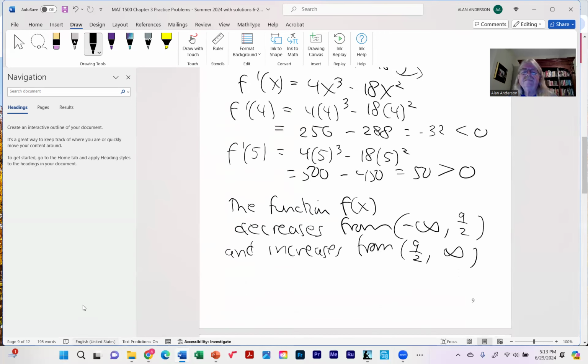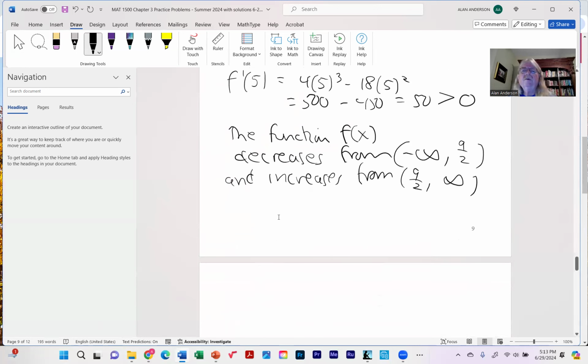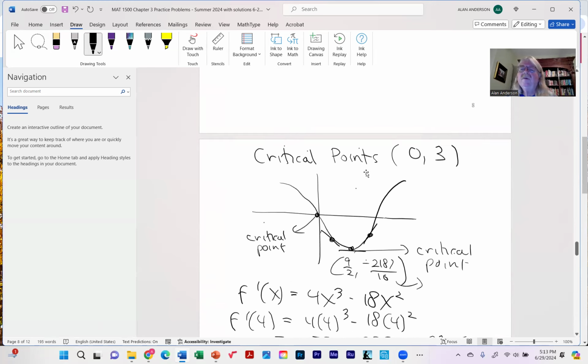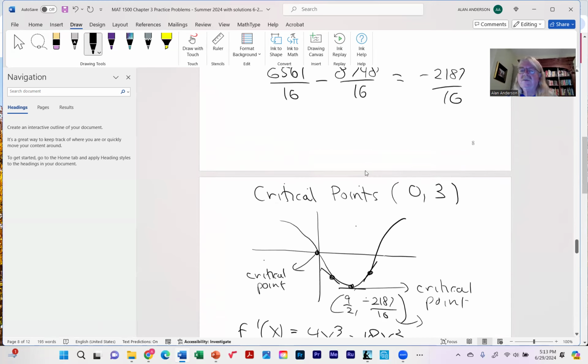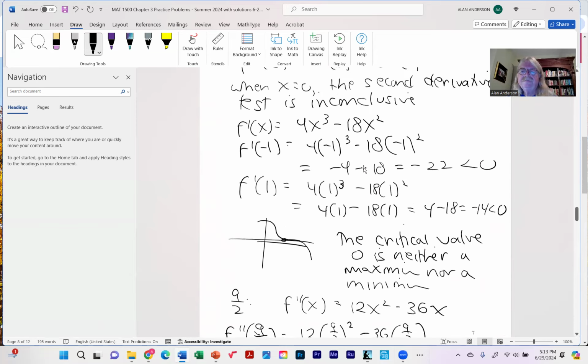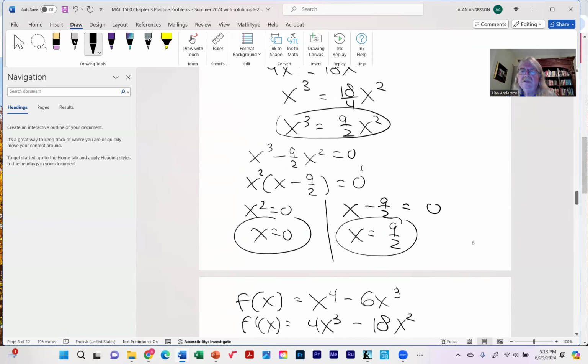Now, by the way, when we look at the idea of convexity or concavity, concave up or down, because there's only this one critical point, you won't have several changes in concavity. In other words, we do not expect to find an inflection point here. But let's try that.